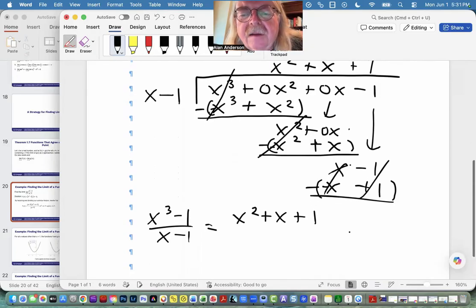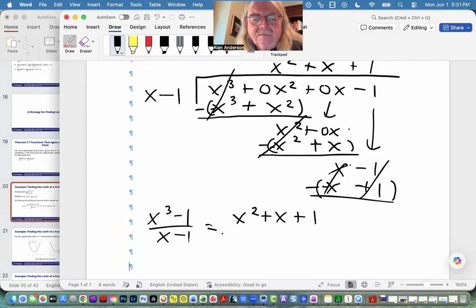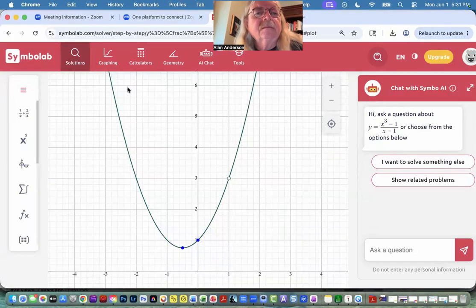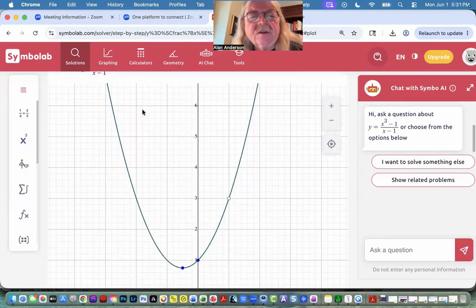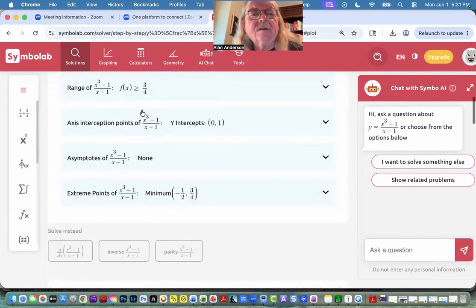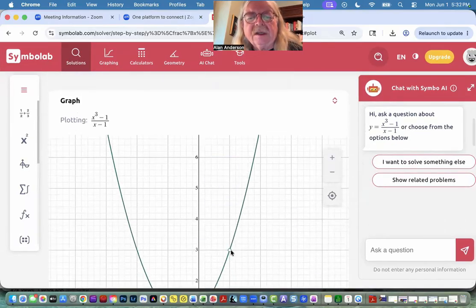Okay, now if I graph this one in Symbolab, we're going to see something very interesting. I don't think it's really feasible to do them all together at the same time, so I'll just remember we have this hole at 1 comma 3.